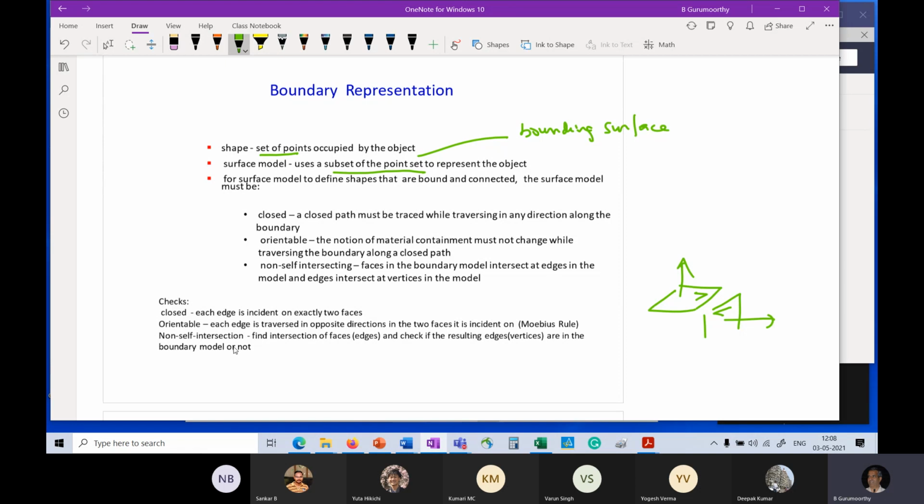But the last one, non-self-intersection, where we say that faces must intersect only at edges, and edges must intersect only at vertices, is something that can only be verified by actually intersecting and comparing. And therefore, we concluded that the bounding surface or the boundary representation, as we call it, is not an easy thing to work with, because you have to constantly keep checking this validity condition.